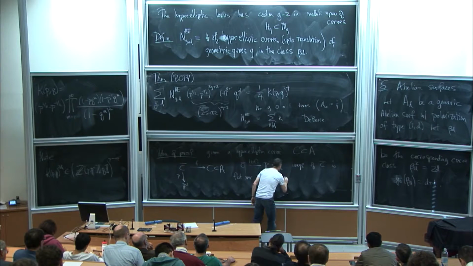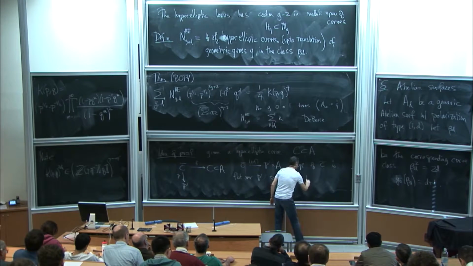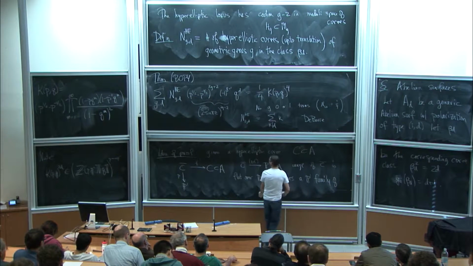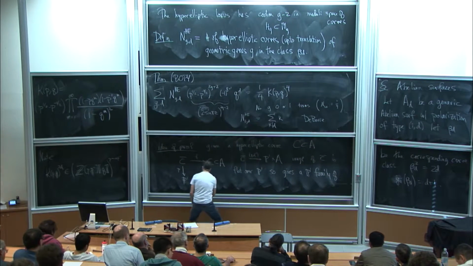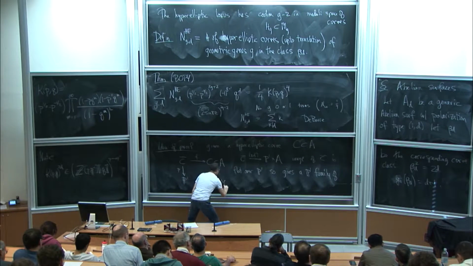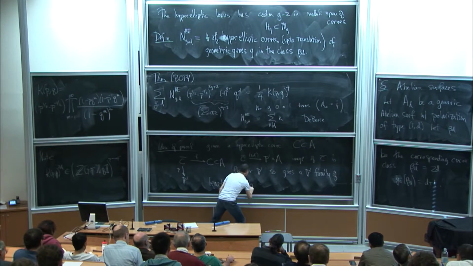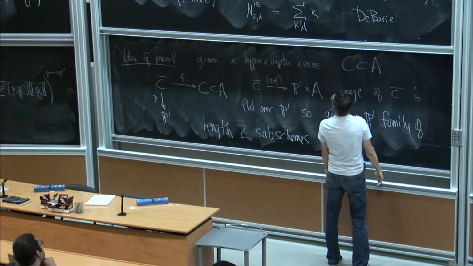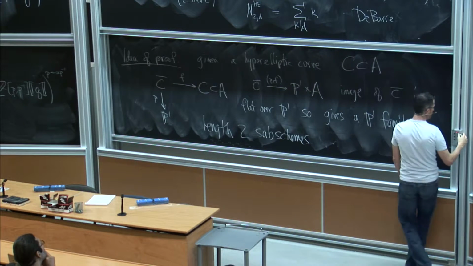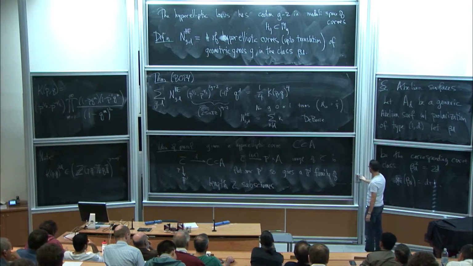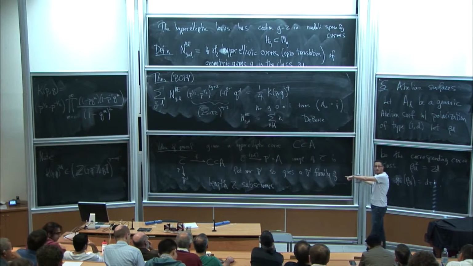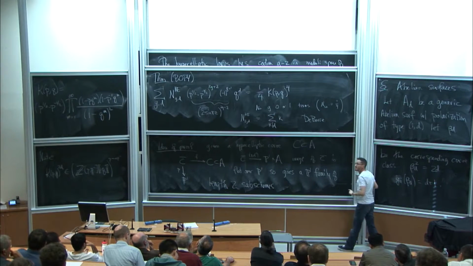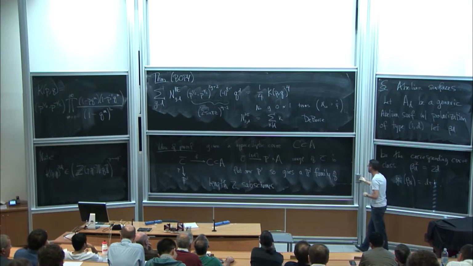So it gives a family of length 2 subschemes of A. Okay, so what we see is that to every hyperelliptic curve, I can associate a map of P1 into the Hilbert scheme of 2 points on the abelian surface.